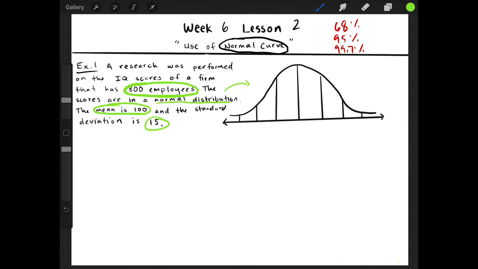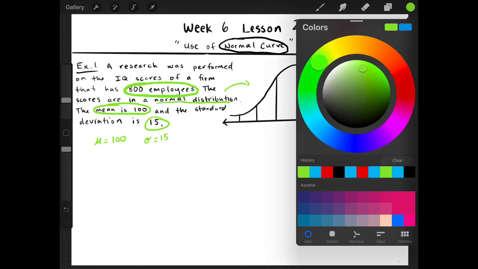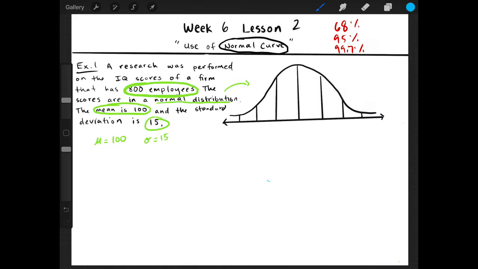So what we know is the mean is 100 and the standard deviation is 15. Again, those are our Greek symbols for mean and standard deviation. We can use all of that information to set up our normal curve. The first thing I want you to do when you see this normal curve is fill in the percentages, like we did in our last lesson.